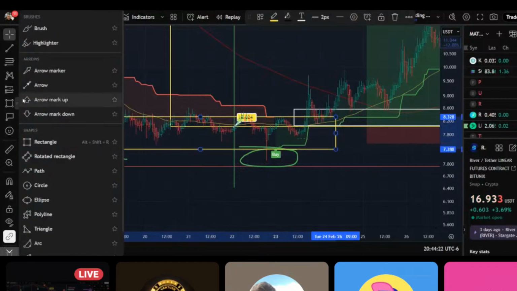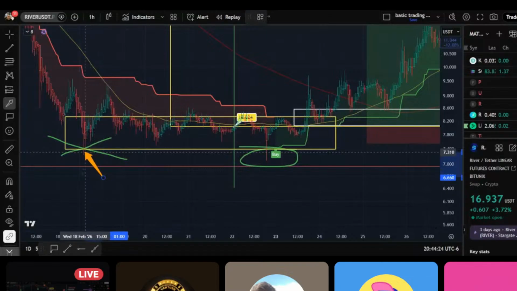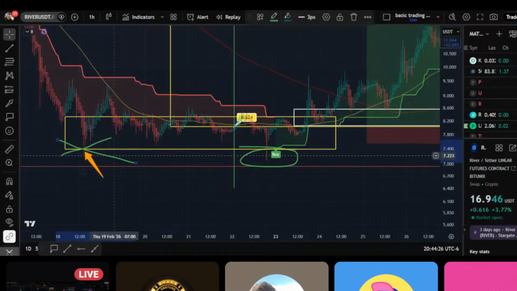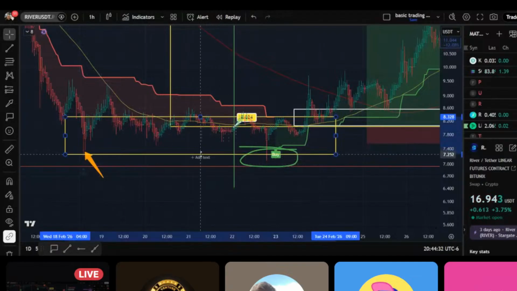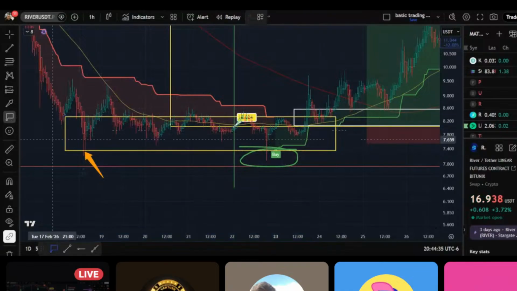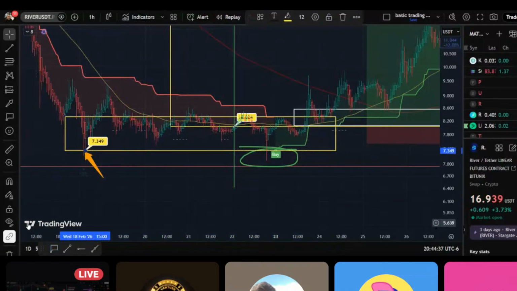Just saying to ourselves that we're going to respect that second low that came down, and that's just giving ourselves the greedy entry. So that would be our entry there.